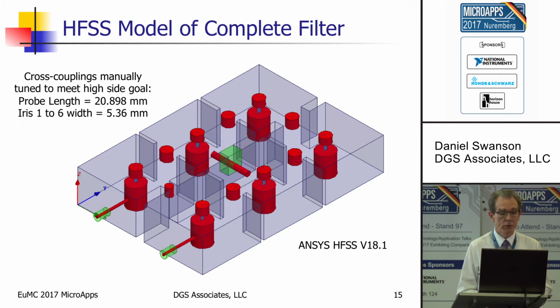And what I've done in this case is I actually ran the simulation several times, and I fine-tuned the length of the probe, and I fine-tuned the width of this iris so that I'm meeting the high side goal exactly in the HFSS simulation, just so we can do an easier comparison.